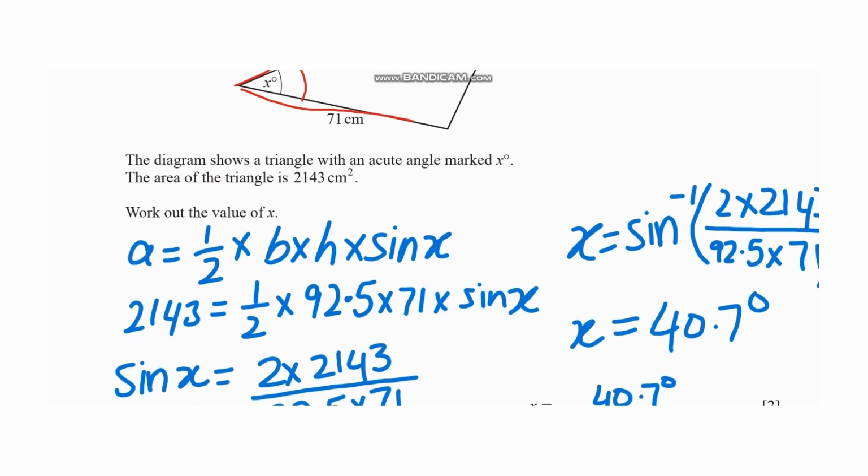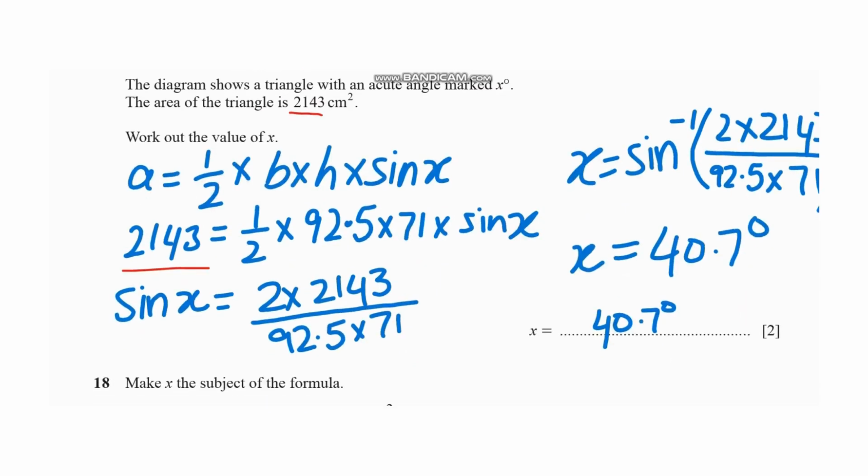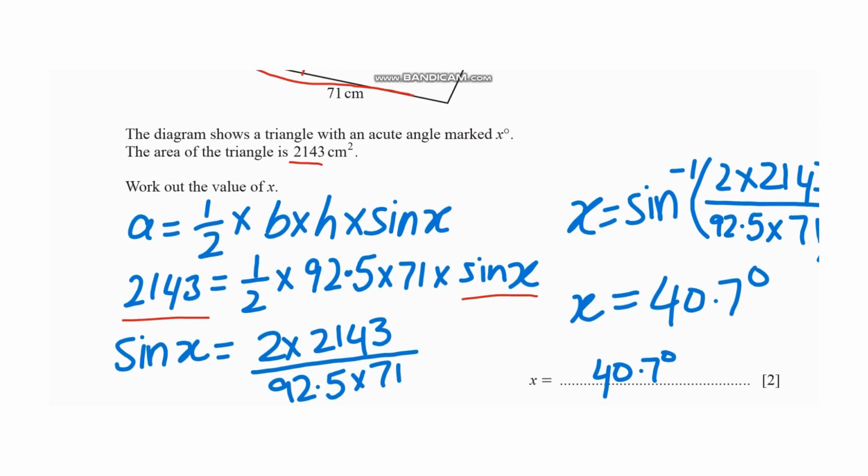So we have the area, which is 2143, put on the left side, and on the right side we have input the values, which is 1/2 multiplied by 92.5 multiplied by 71, multiplied by sine x. So we have kept sine x on one side, which is equal to 2 multiplied by 2143 divided by 92.5 multiplied by 71. And then we have moved sine from the left to the right as sine inverse, because it has moved without the x.